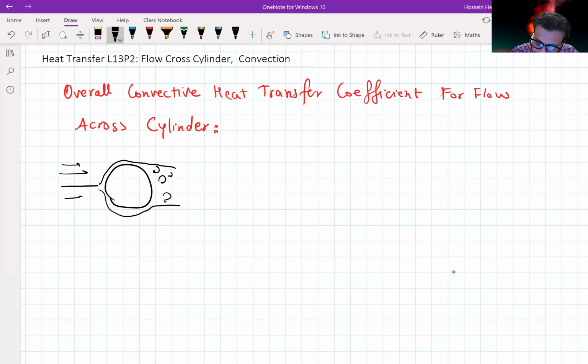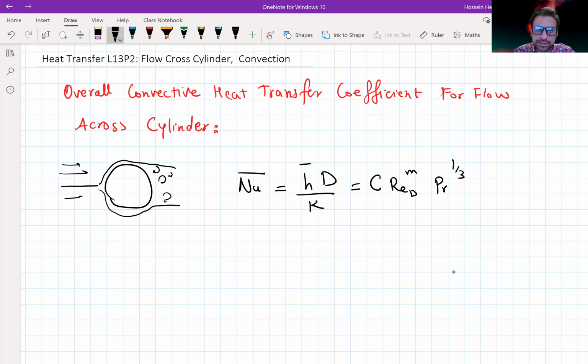One of the correlations is based on the average Nusselt number for this length of the cylinder: h average D divided by k is C times Reynolds number based on the diameter to the power of m, times Prandtl to the power of 1/3.